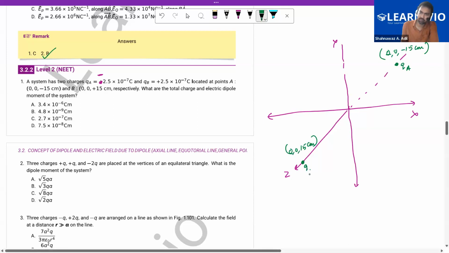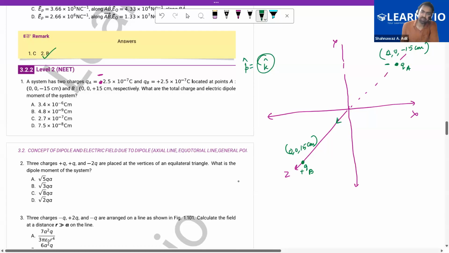This is Q. If I ask you about the direction of the dipole moment, what would that be? This is minus, this is plus, so the direction is from minus to plus, the positive z direction. So that would be K cap.